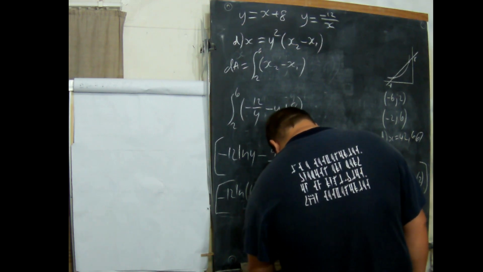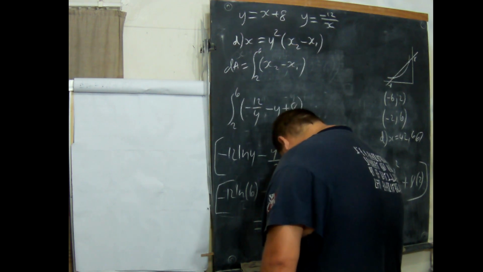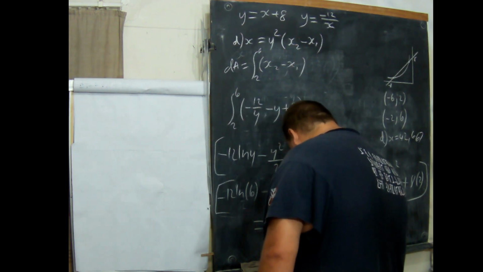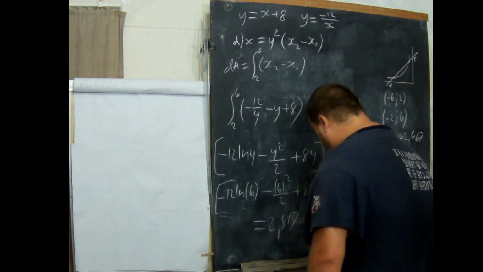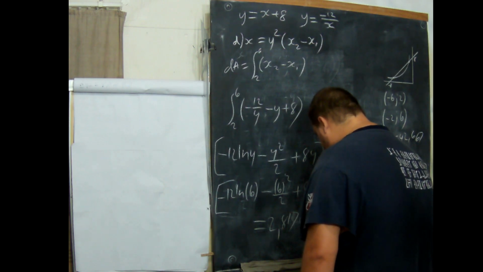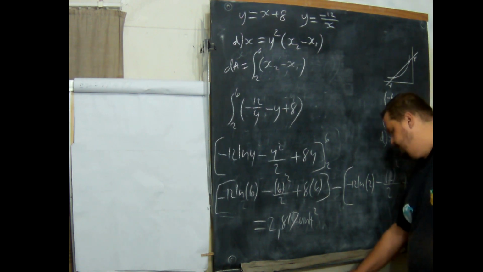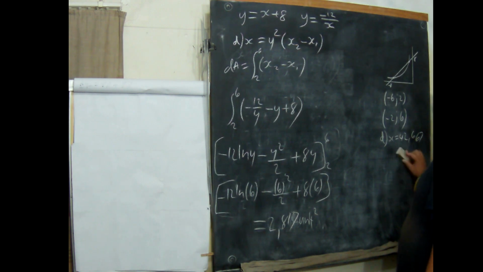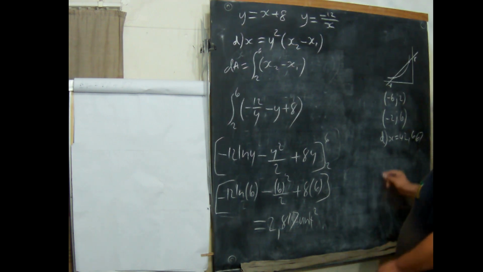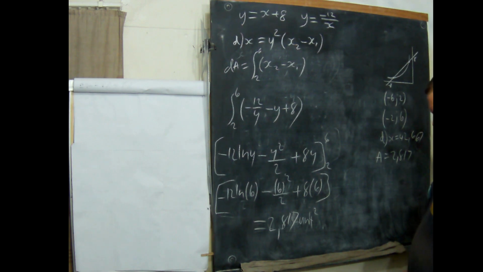And our answer that we come up with equals 2,817 units squared. So area is 2,817 units squared.